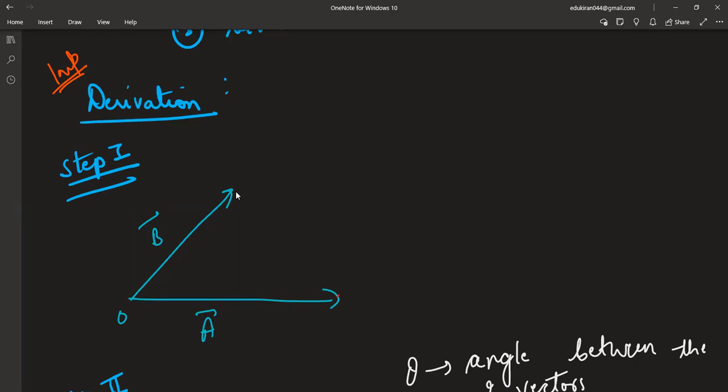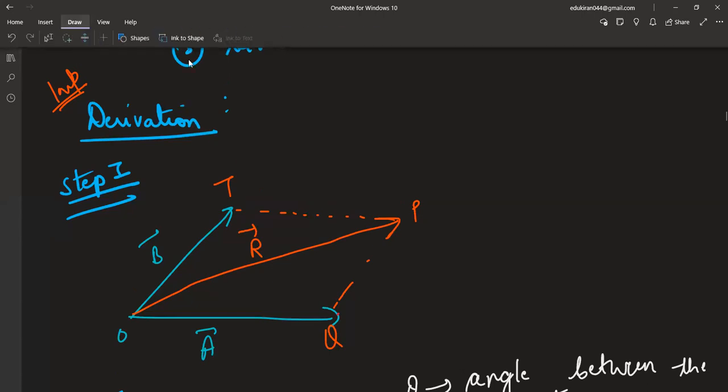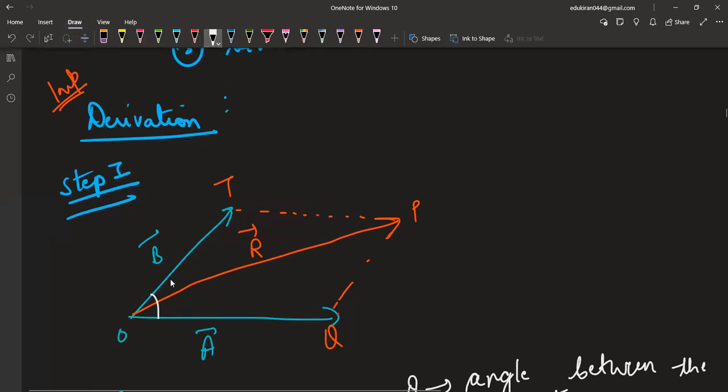Now see again what we'll do, we'll complete the parallelogram first. Let's say this is O, this is P, this is Q, this is T. I've named the parallelogram OQPT, and this is the resultant. The angle that both of these vectors make is always taken as theta.